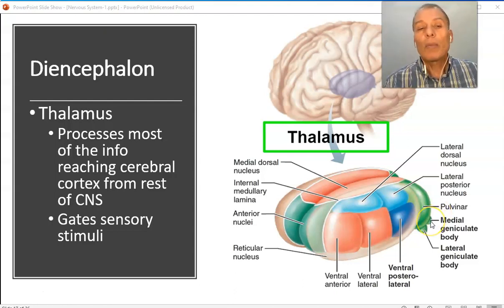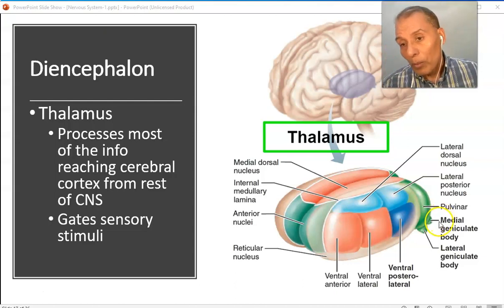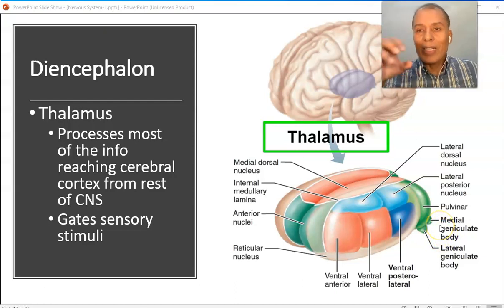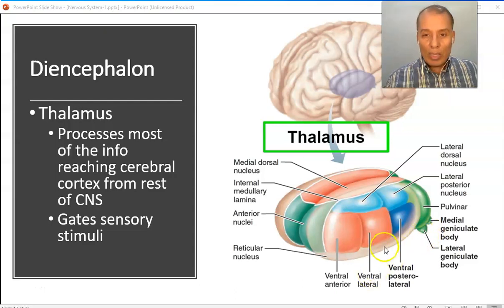It makes them 50-fold louder and more intense. We call it, because of its function, the medial geniculate body. That is the anatomic name of it, but the functional name, in neurological terms, is the auditory thalamus.